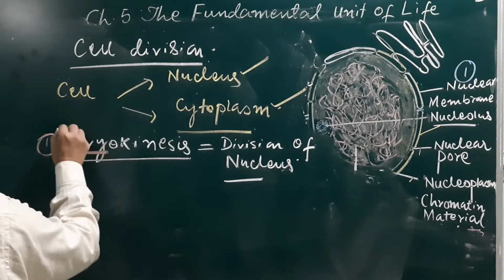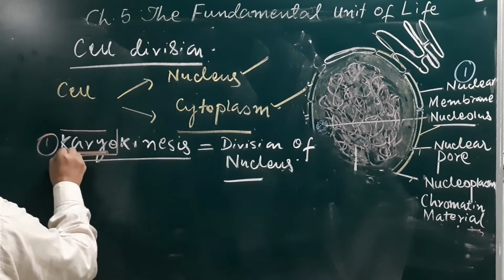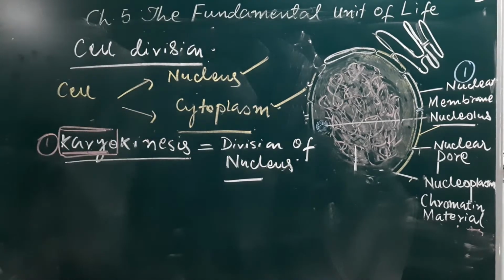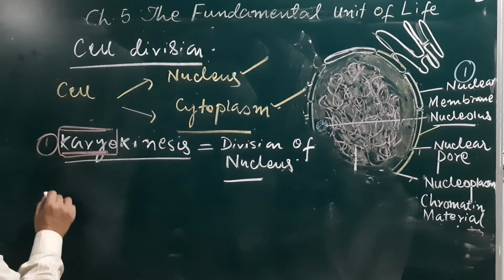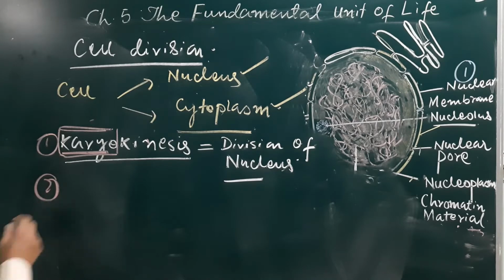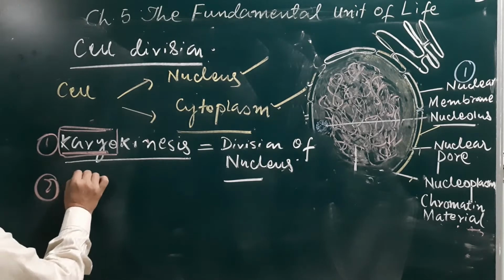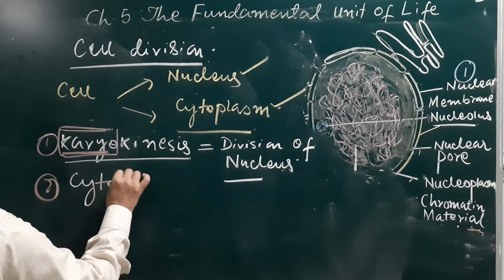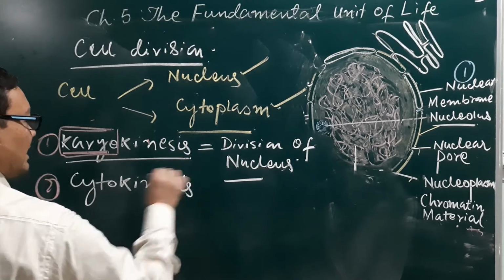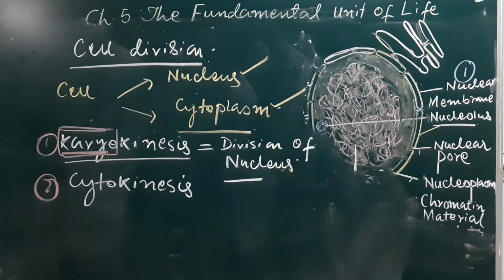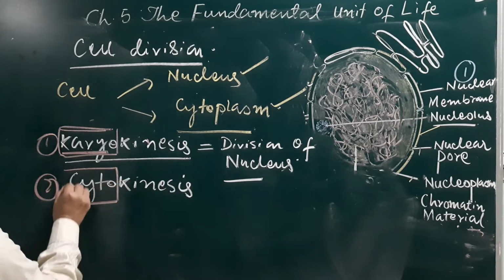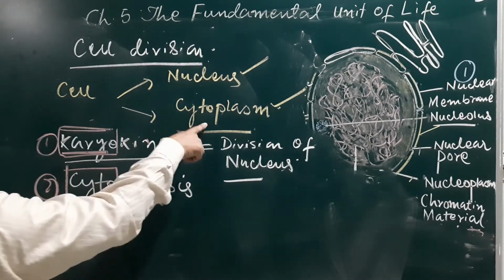Karyo means nucleus and kinesis means division. That means the division of the nucleus. Similarly, after the division of the nucleus, there is a division of cytoplasm. That is cytokinesis. Cytokinesis means the division of the cytoplasm.